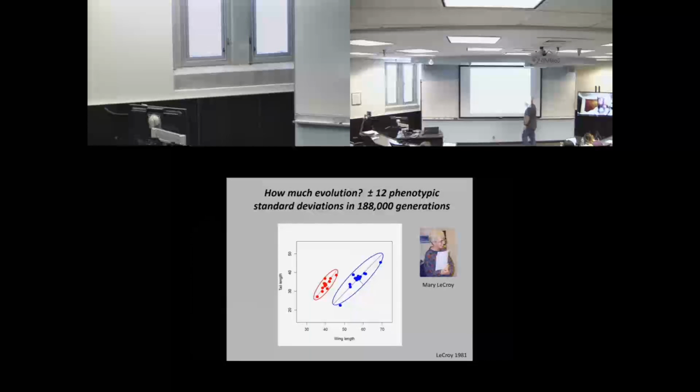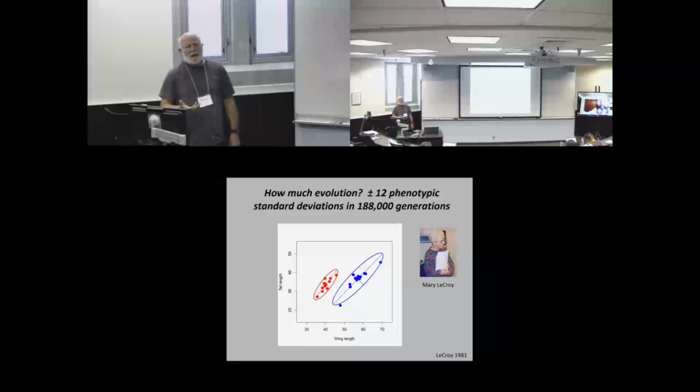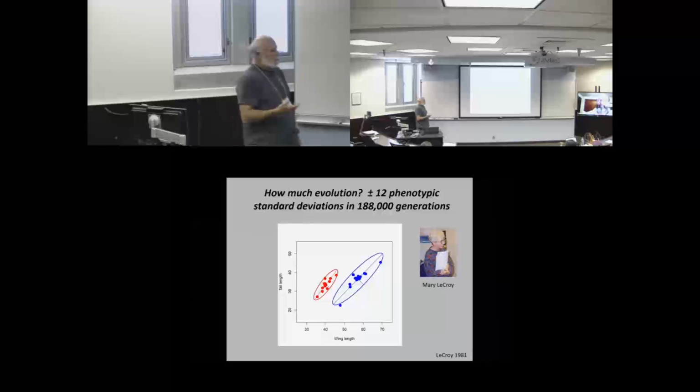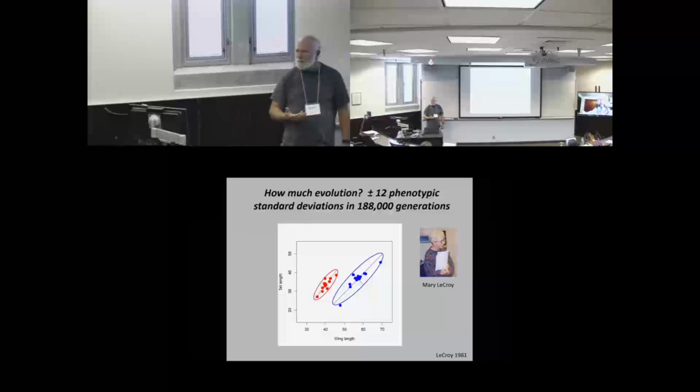Yeah, 12 from the mean. Okay? So that tells us how much character evolution we've got to produce with our model in 9 million years.